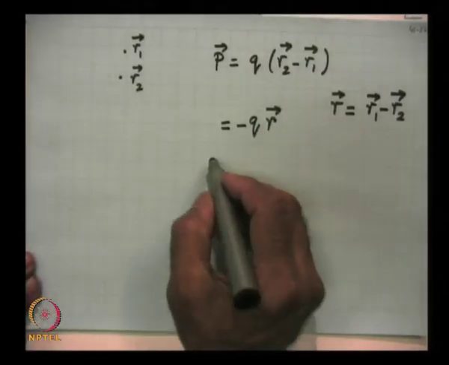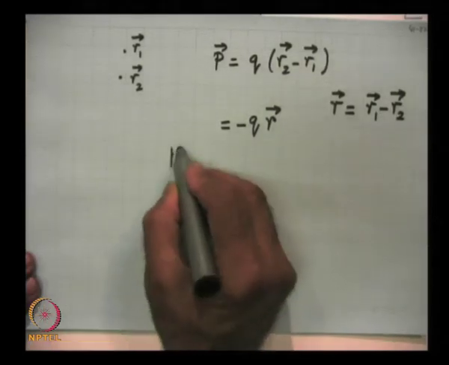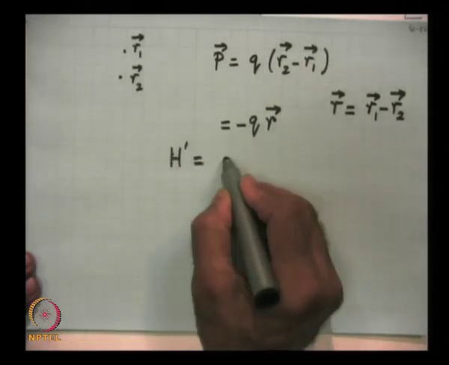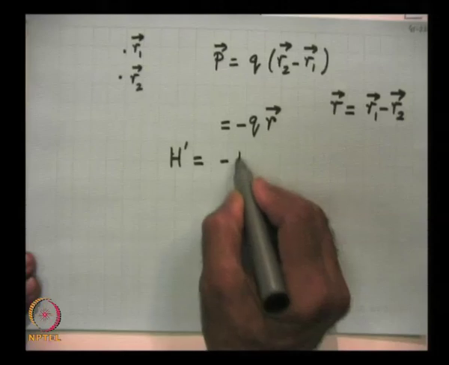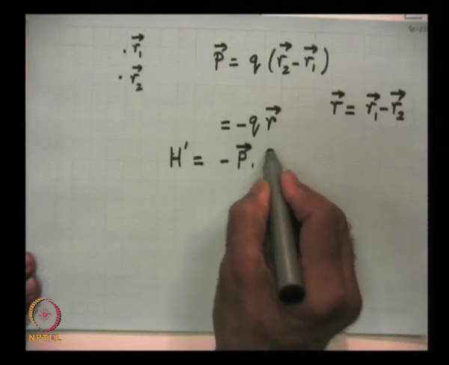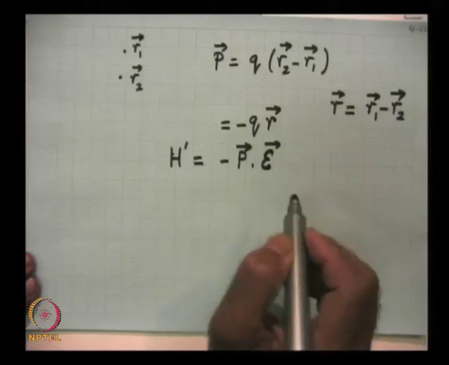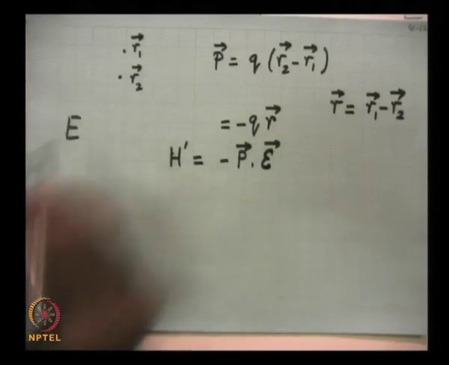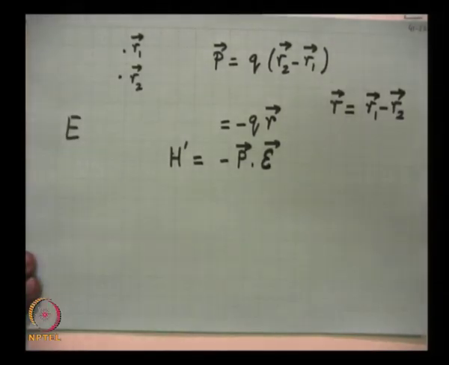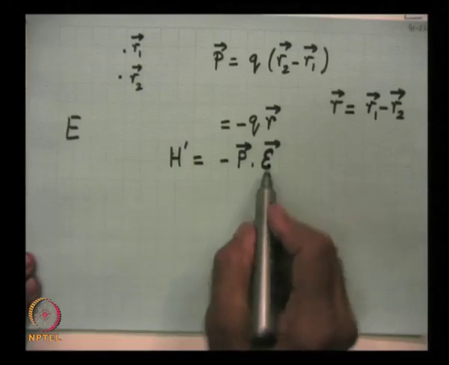In the presence of the electric field, the perturbation is minus p dot the electric field. I am using a script notation, so that we use the notation capital E for the energy. So, this is the electric field.